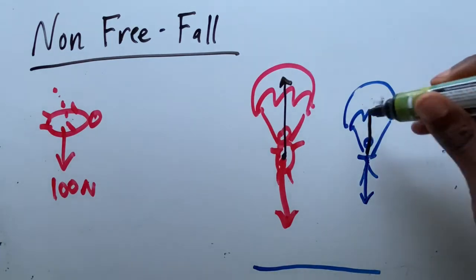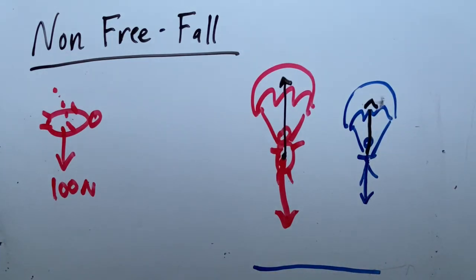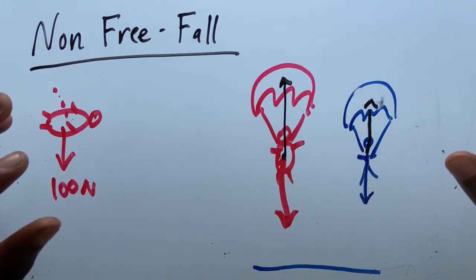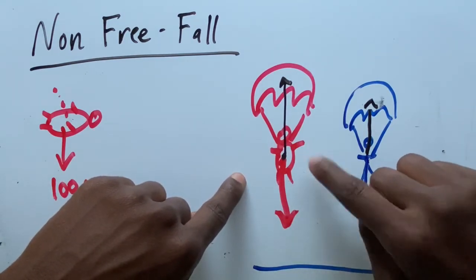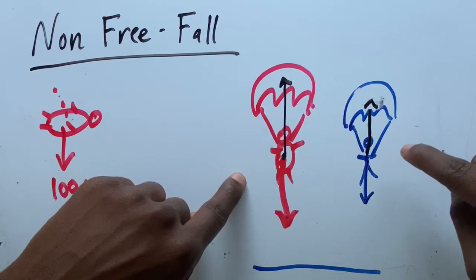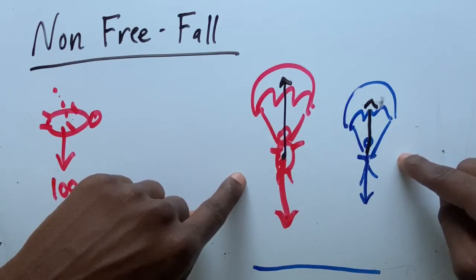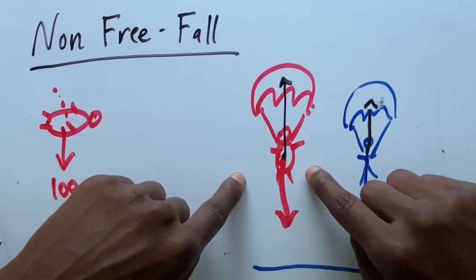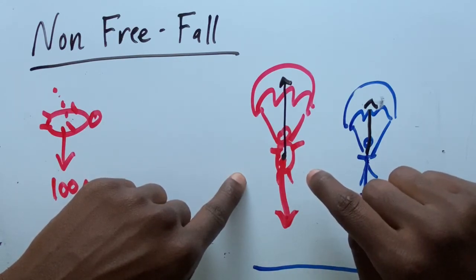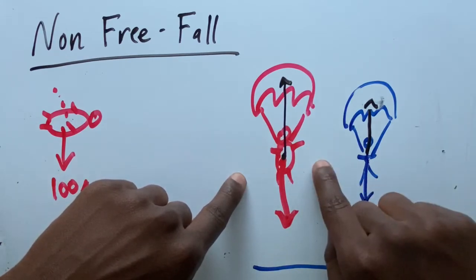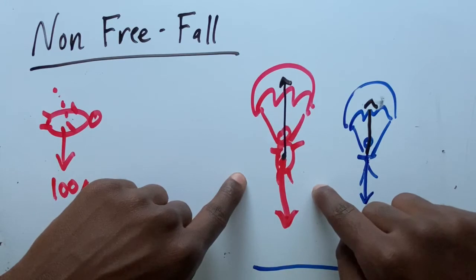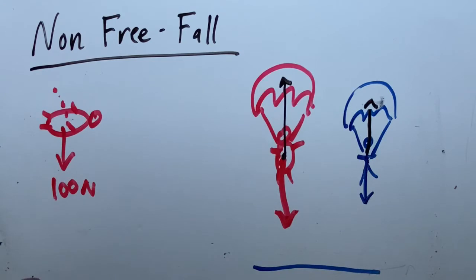Should be about the same size. Boom. So notice, basically, this heavier person is going to have a greater terminal speed than this lighter person. Why? Because this heavier person requires more air resistance to basically balance him out. Let's see if I can explain that a little better.